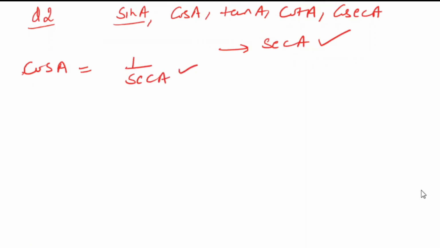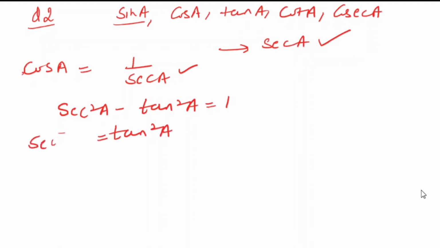Now next, there is a relationship between sec A and tan A, and there is one identity. So we will make use of that identity. Fine. So now the next is, we'll shift tan square A to the right side and that will become positive, and we'll shift 1 to the left side: sec square A minus 1.